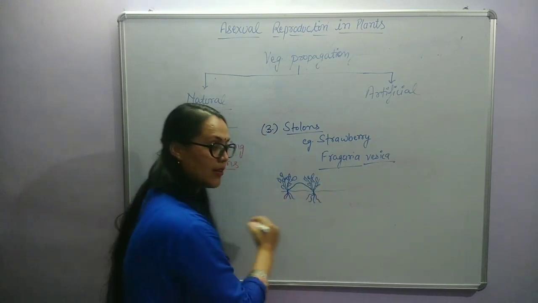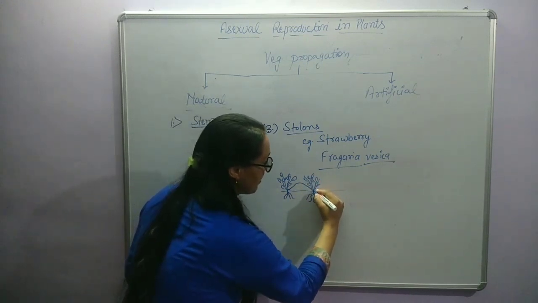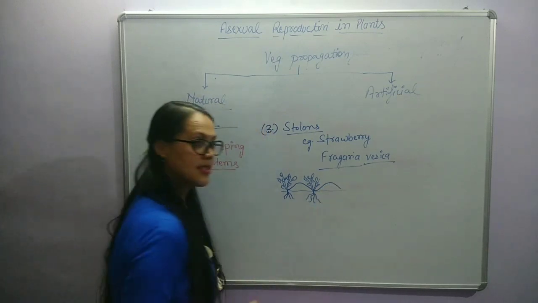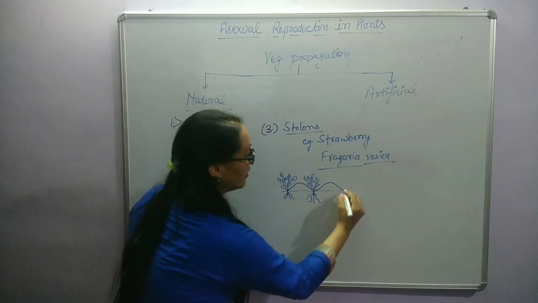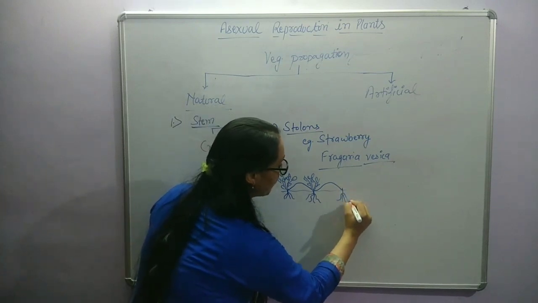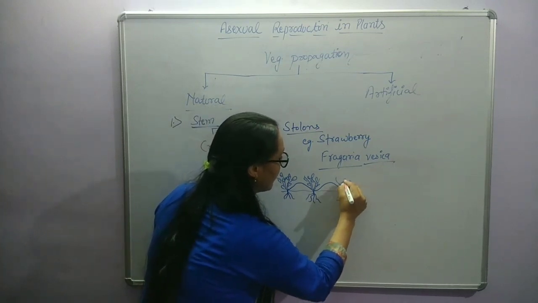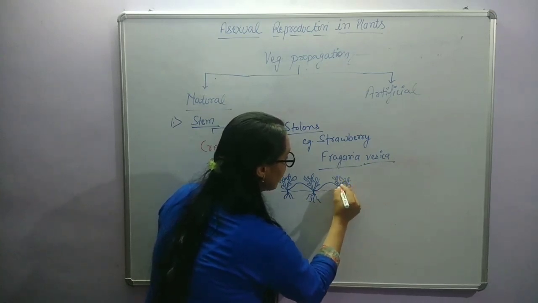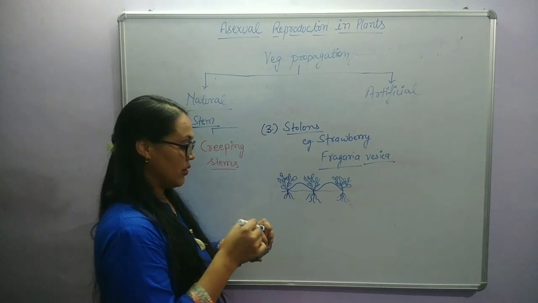Again, from this plant also, a horizontal branch will arise. It will take a loop like this, touch the ground and give rise to another plant. So this was the case with stolons.